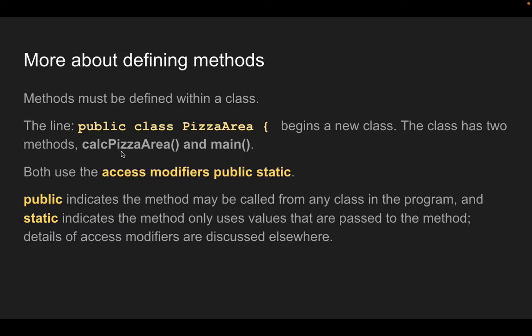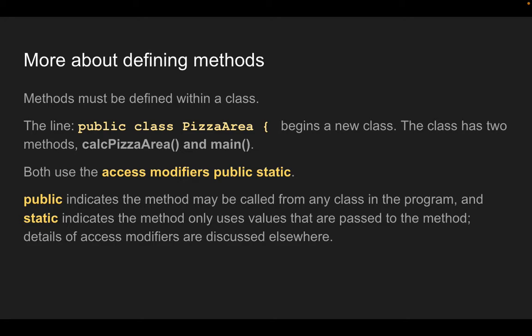Now, both of these methods, calcPizzaArea and main, you're going to find in the zyBooks textbook they're both public and they're both static. Public is the access modifier. We're going to get into more access modifiers next week when we look at classes, but access modifiers basically say who has the right to access that method.